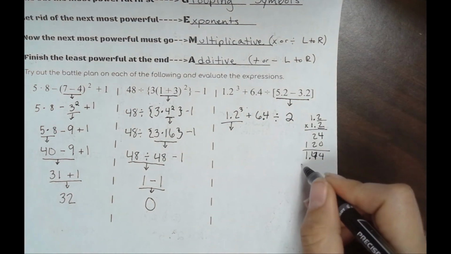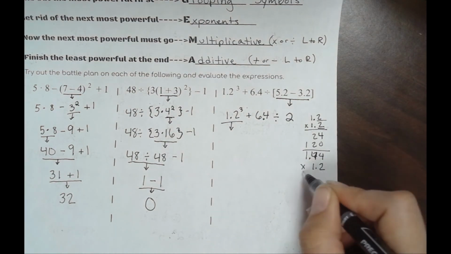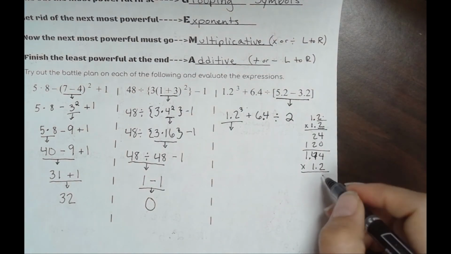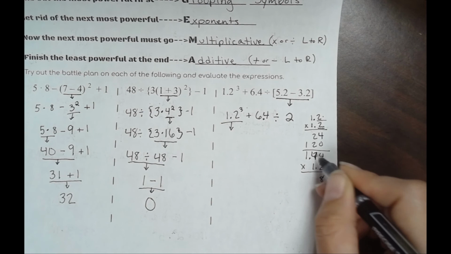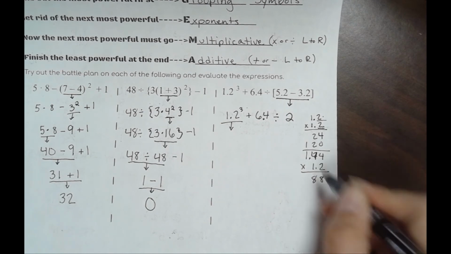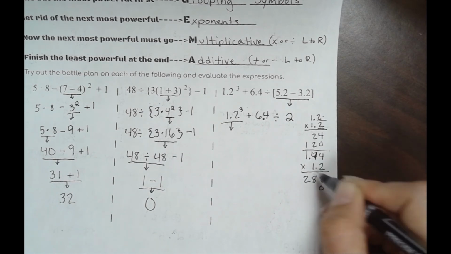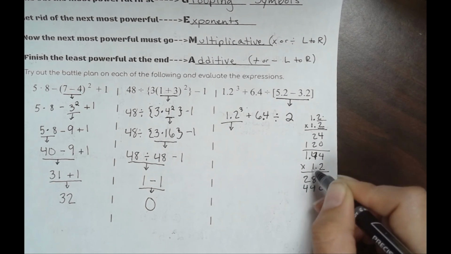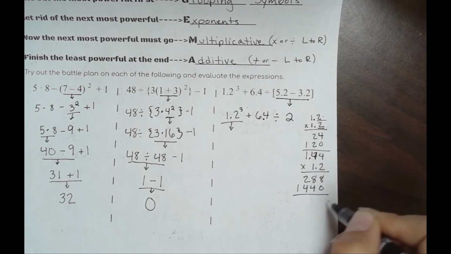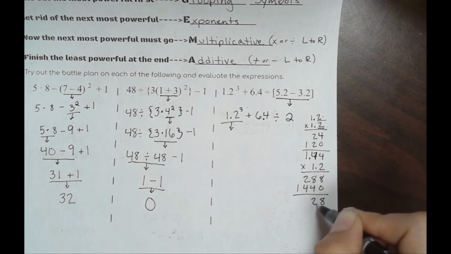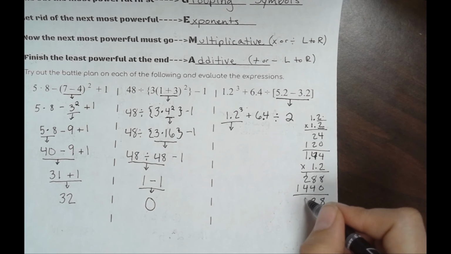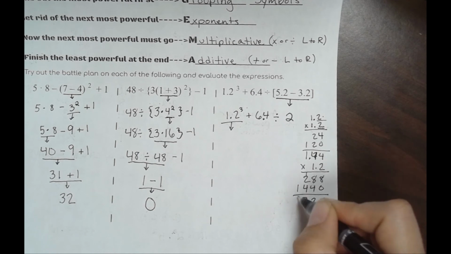But I still need to times that by 1.2. So there's my third time. So you have 1, 2, 3. 2 times 4 is 8, 2 times 4 is 8, and 2 times 1 is 2, 0 placeholder. 1 times 4 is 4, 1 times 4 is 4, and 1 times 1 is 1. Add it up: 8, 12, regroup 1, 1 plus 2 is 3, 3 plus 4 is 7, and 1.